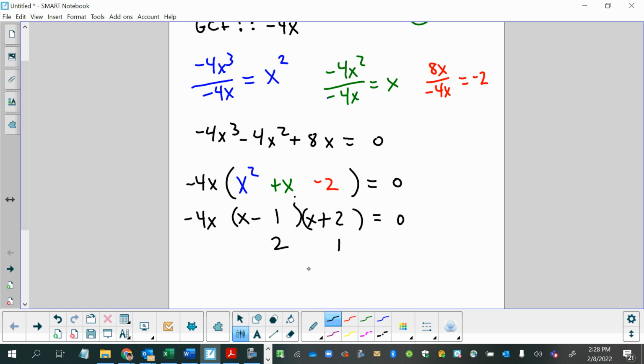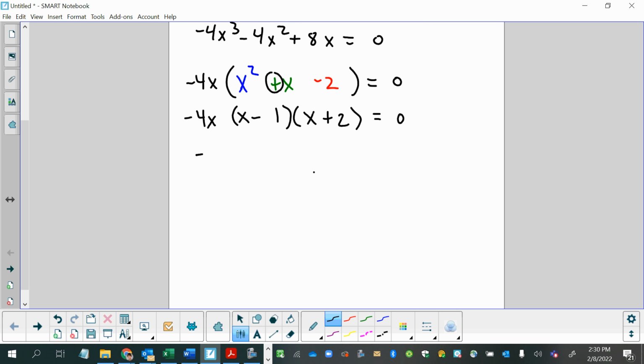So how do we decide which way it should go? Well, we look at the middle term's sign, and since it's positive here, that means the larger value has to go with the positive. So this is the correct way to write it, like that.